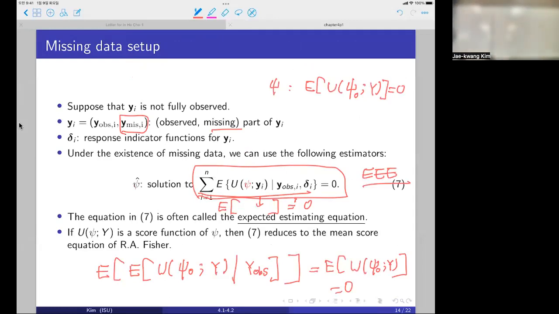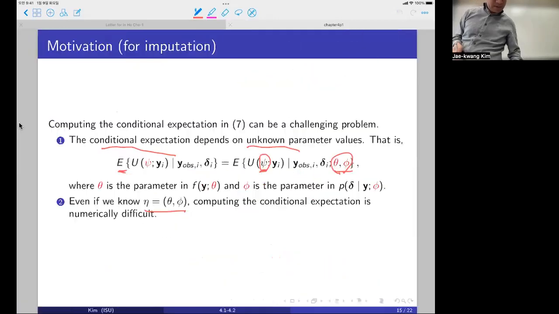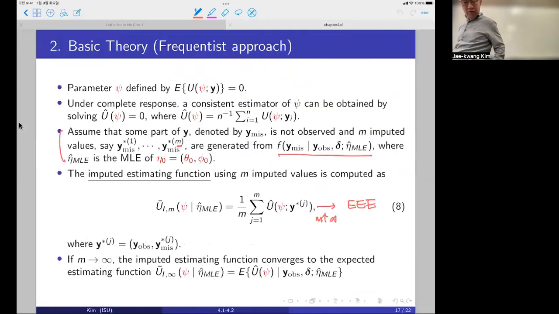So the point is that this is what you really want. But to compute the conditional expectation, we do M imputation, we do Monte Carlo sampling to approximate it. But then the tricky part is that we have a dependency on the MLE, because the Monte Carlo sampling depends on the parameter that we used to generate the samples.